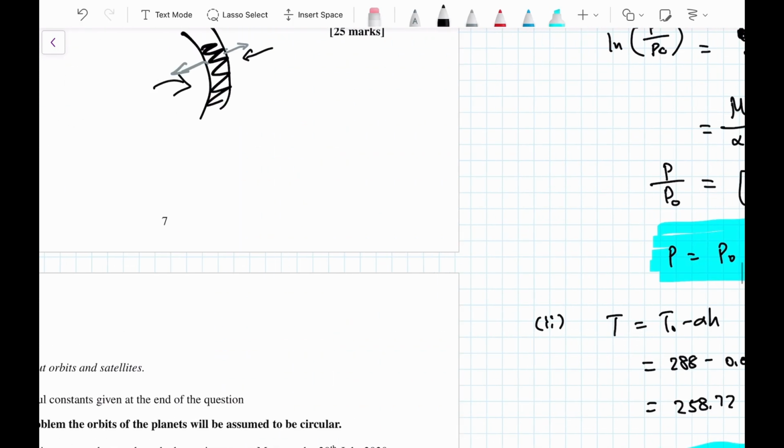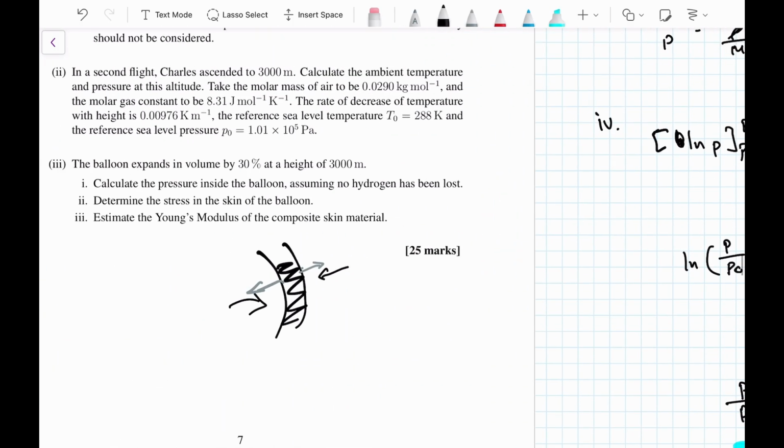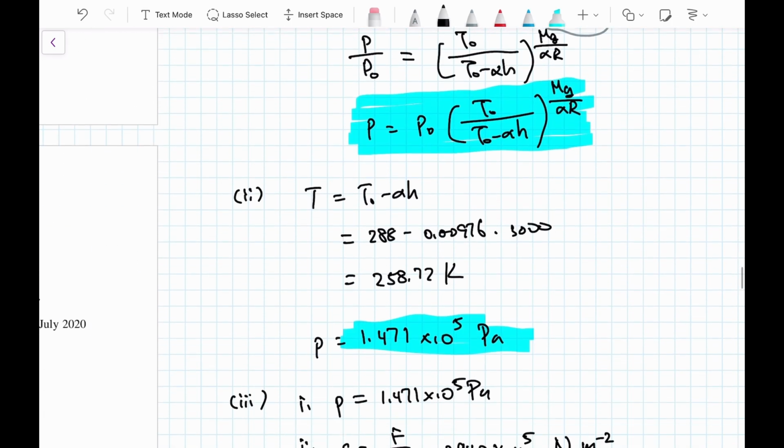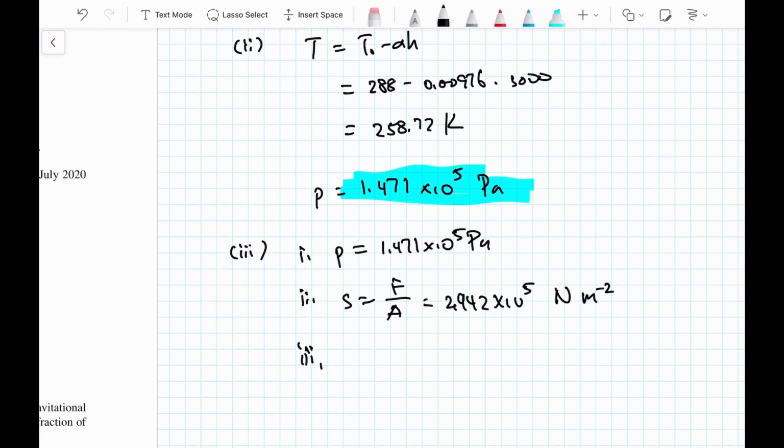Now the last part. The last part simply just want to calculate the Young's modulus of the composite skin material. Now I suppose that will be, so the Young's modulus, let's say E, will be equal to the stress multiplied by the reciprocal of the strain.